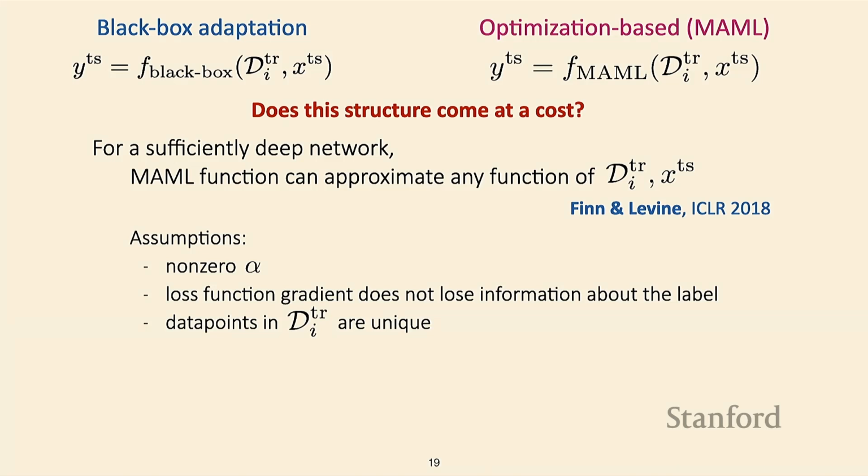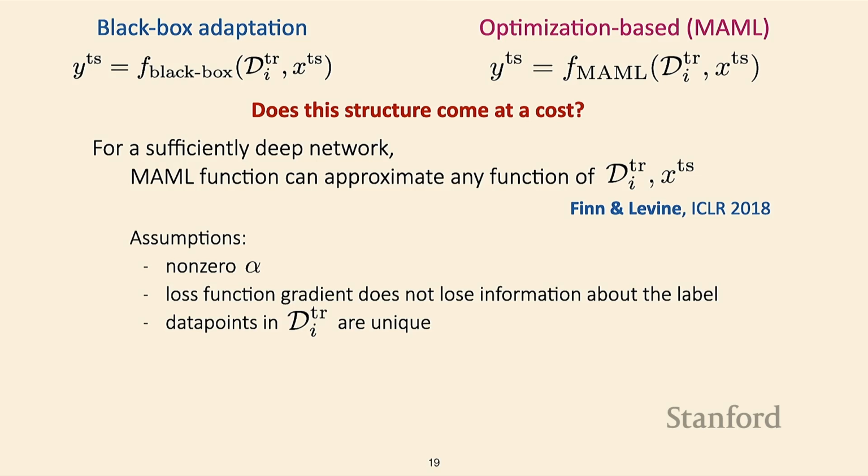Well, it assumes that the learning rate is non-zero, that the data points are unique, and that the loss function gradient does not lose information about the label. But really the strongest assumption is that the network needs to be extremely deep for this sort of result to hold. And you can get more expressive power with the RNN-like approaches with a smaller neural network.